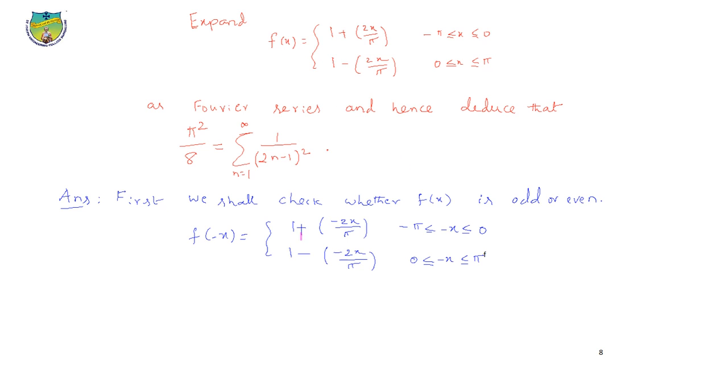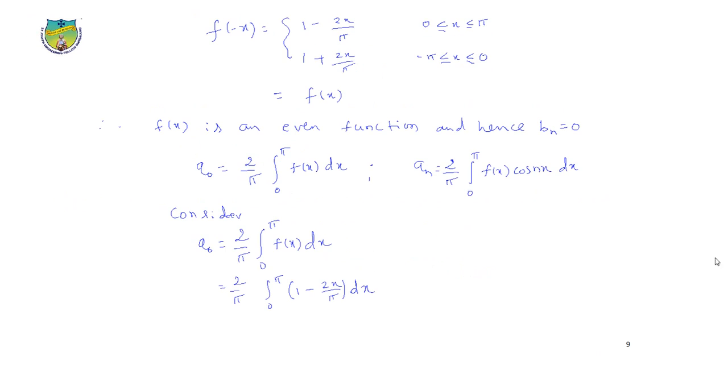We get 1 plus minus 2x by pi. Here also x is there. If we replace x by minus x, we get minus pi less than or equal to minus x less than or equal to 0. Here, the second definition, 1 minus 2x by pi for 0 less than or equal to minus x less than or equal to pi. After that, we will rearrange this.